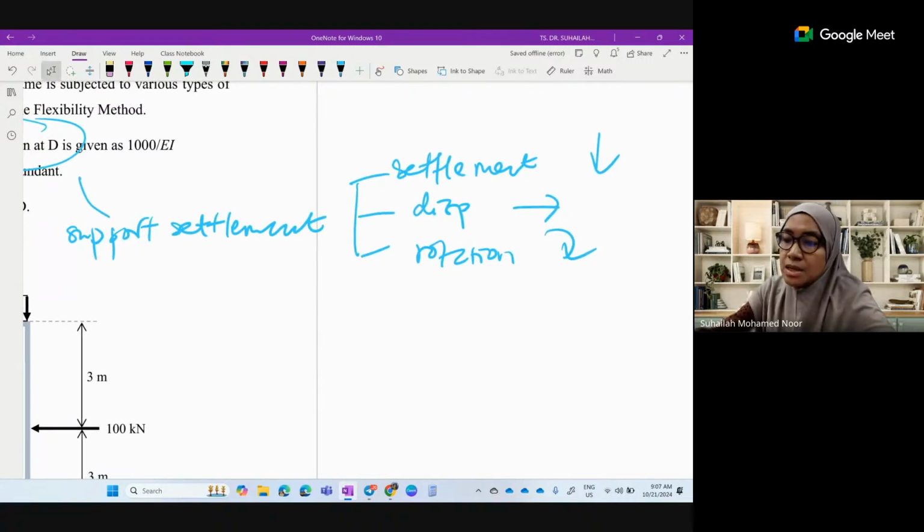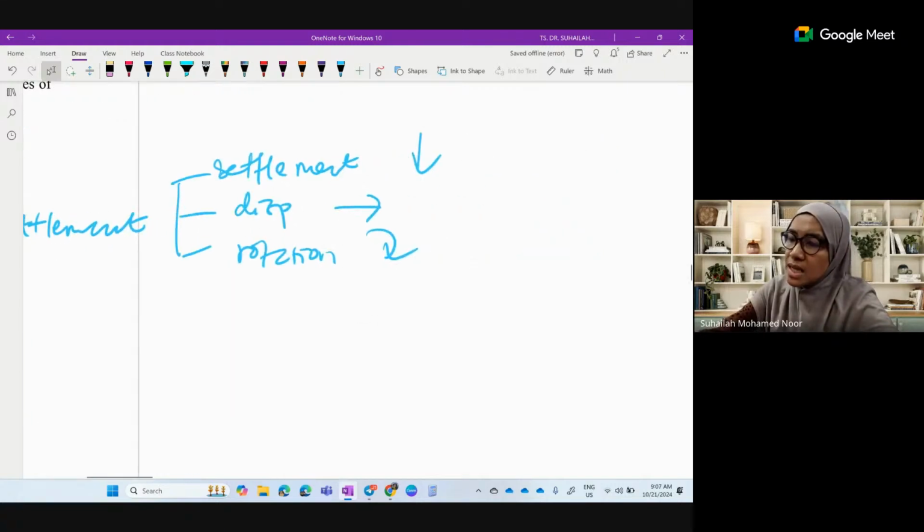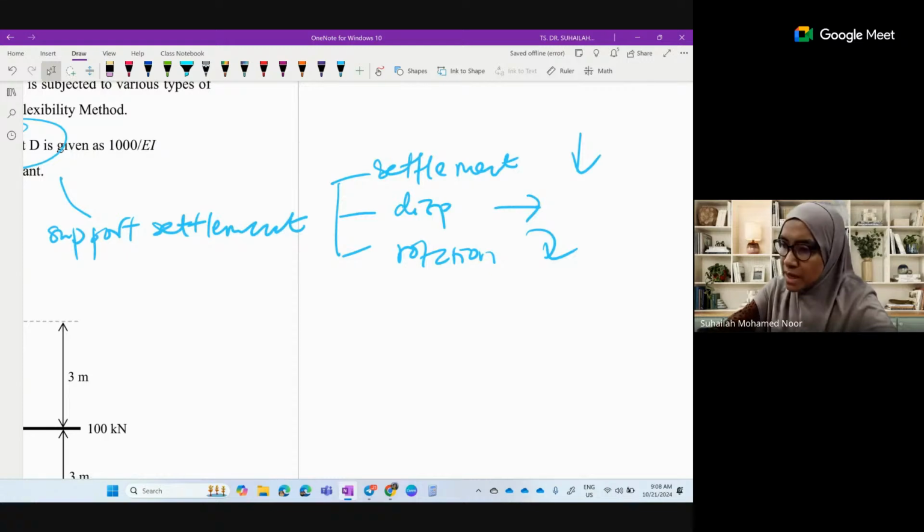It can be support settlement, where it occurs in the Y direction, settling down. We can have support displacement, which means displacing horizontally, left or right. This is also support settlement.